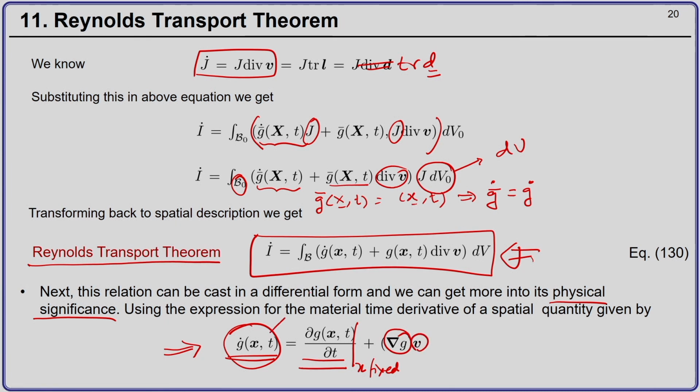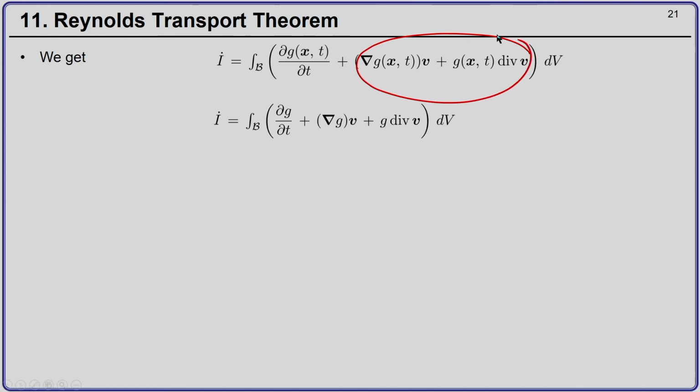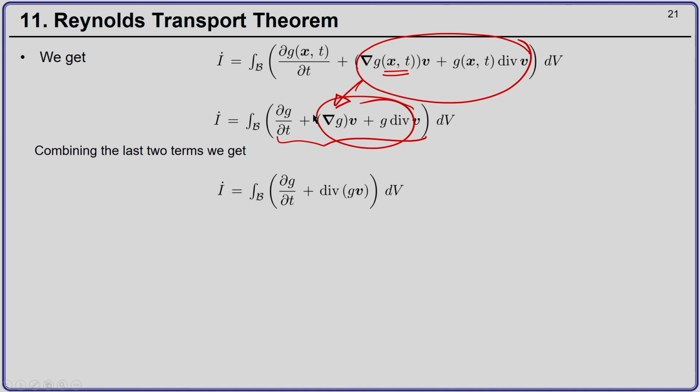If I use this here, I get del g by del t plus the gradient of g times velocity plus g times divergence of v. If I just drop x comma t, I can neatly write it like this. It is the same expression, and the second expression is nothing but divergence of g v, and the first term remains as it is.